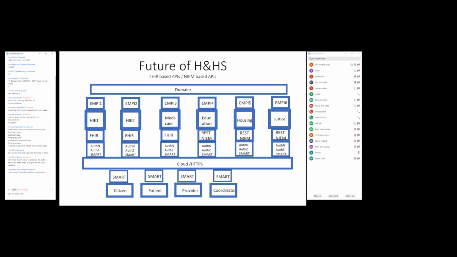I know this is a depiction of what you envision of the future, but at least for the healthcare domain, and I know this is just one basic visual, I don't think there are other standards that are necessarily going to go away, like some of the other HL7 standards that are not based on FHIR, or even IHE standards.